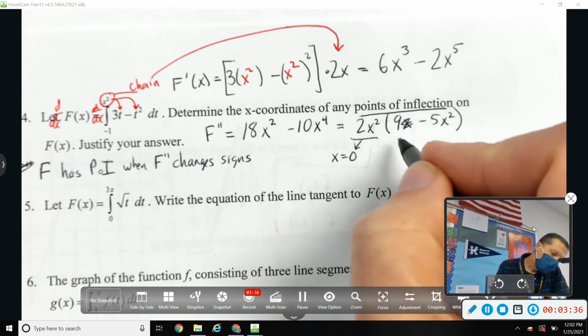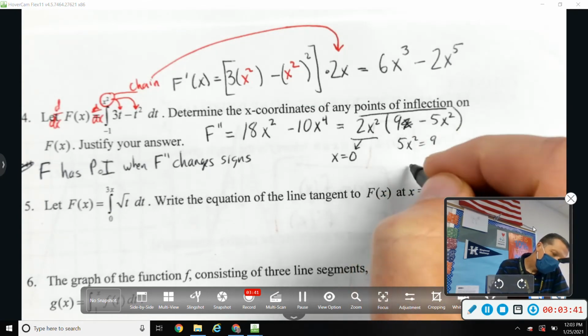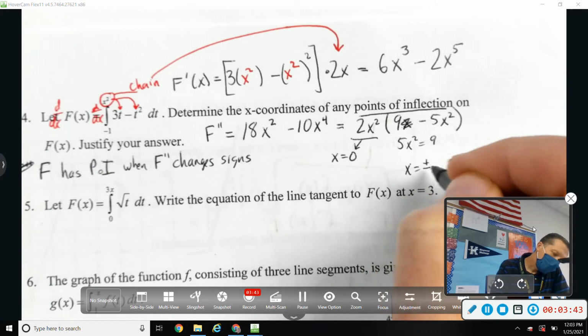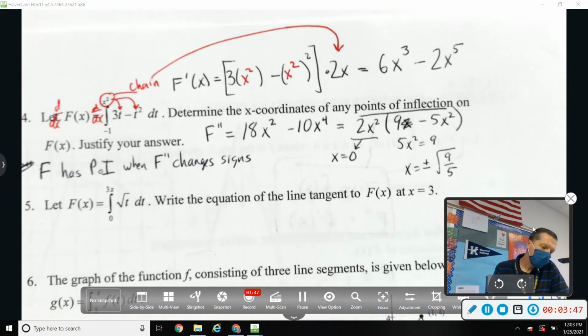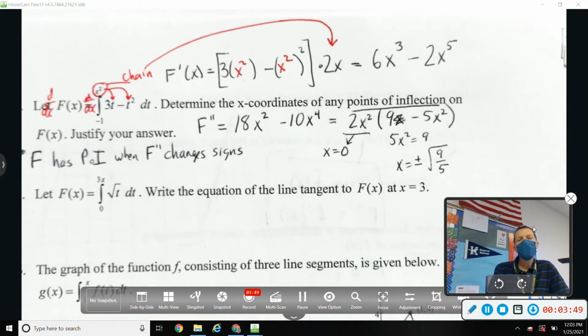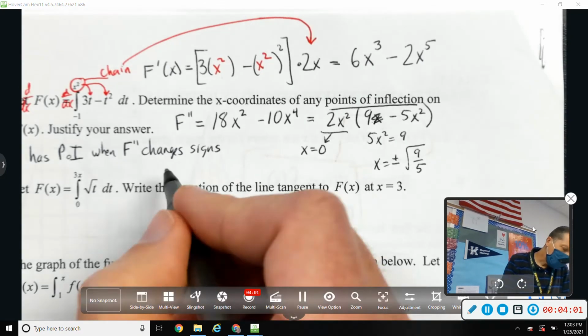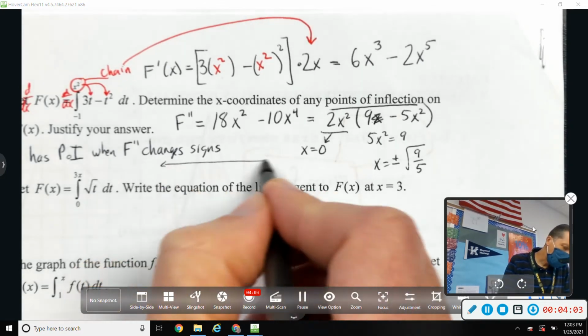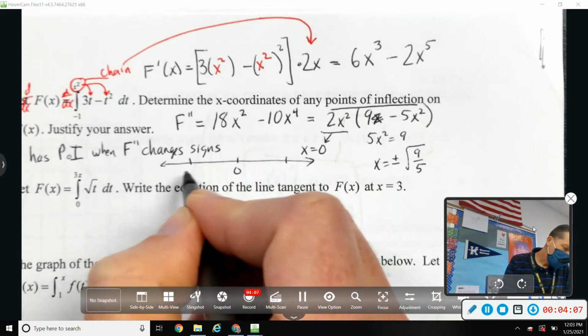If I set this other one equal to 0, I get plus or minus the square root of 9/5. That's no fun. But I think this is going to be okay number line wise. 0's in the middle.